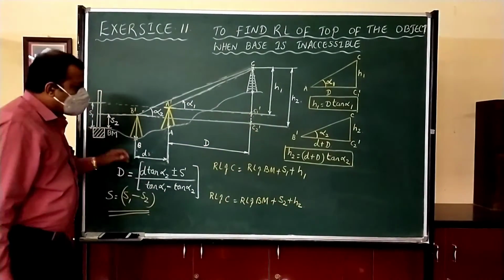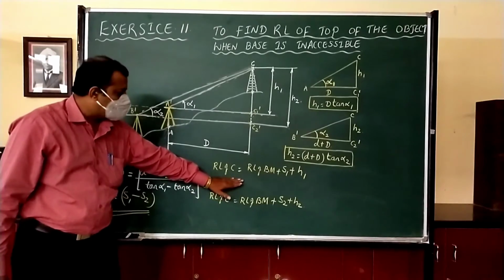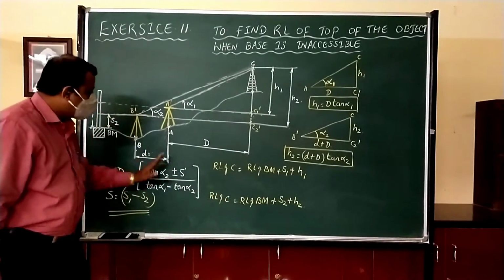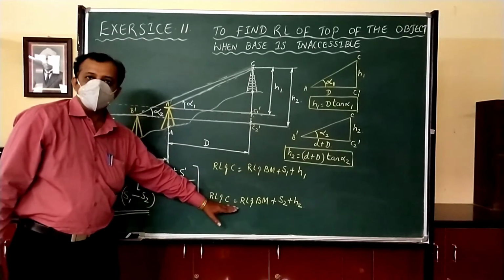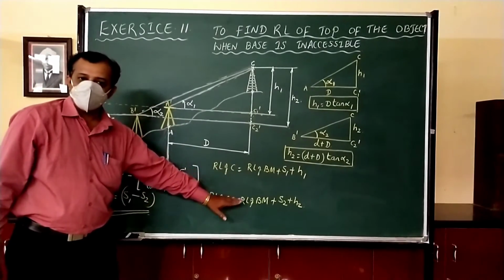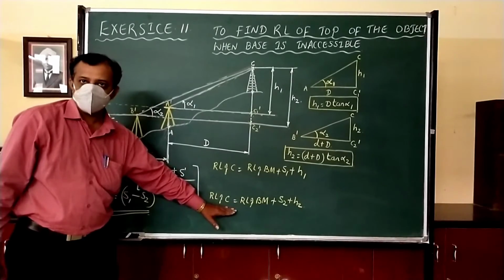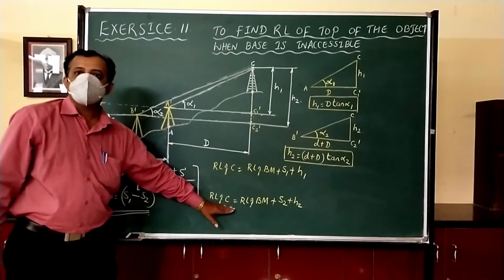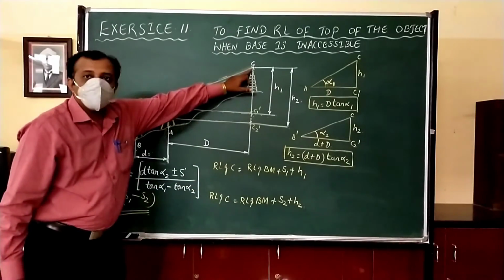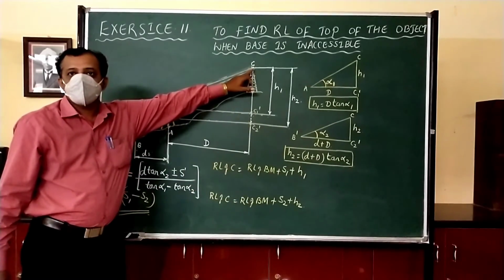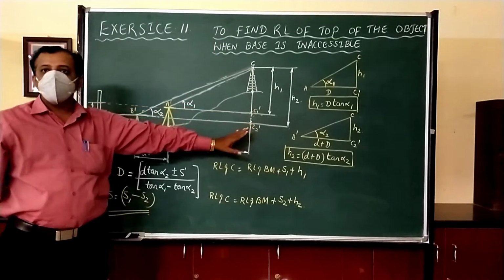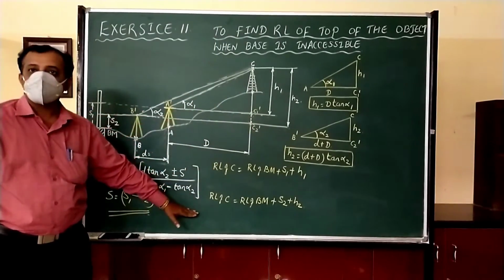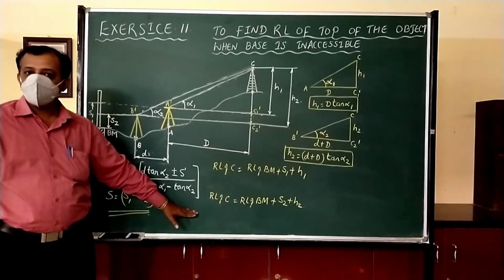Now both values of RL of C, from A and from B, should be the same. That is the verification of whether you have done it correctly or not. So this is how we calculate the RL of point C. Now let us go to the field and perform this exercise, and we will come back and do the calculations. Okay? Now we will go to the field.